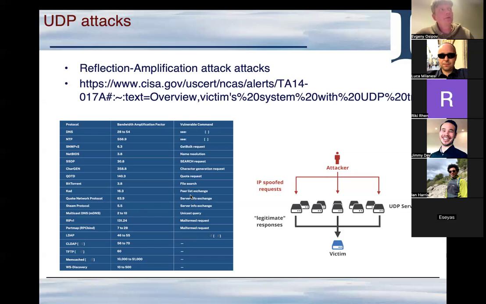As for UDP, UDP is not a protocol except for a special format of the header. It just contains a port number. But UDP services or servers are used as tools for performing different kinds of network-based attacks, specifically the type of reflection amplification attacks.